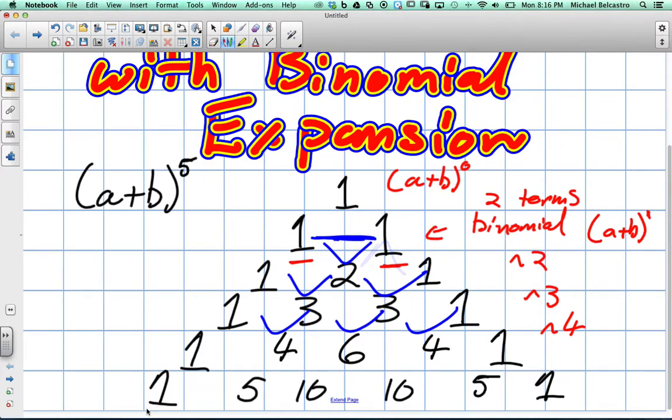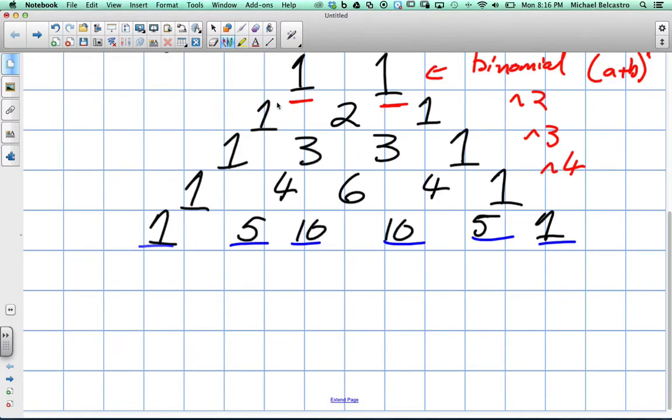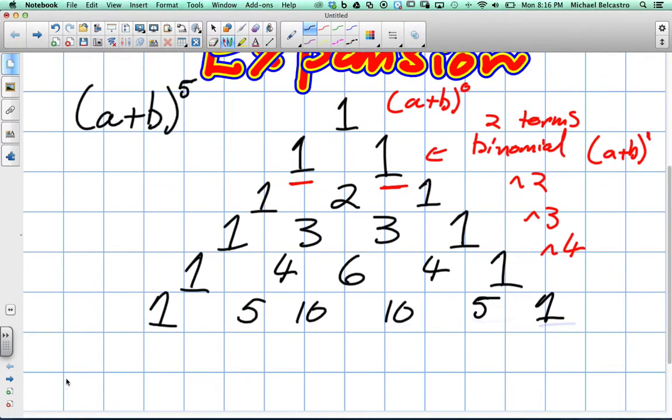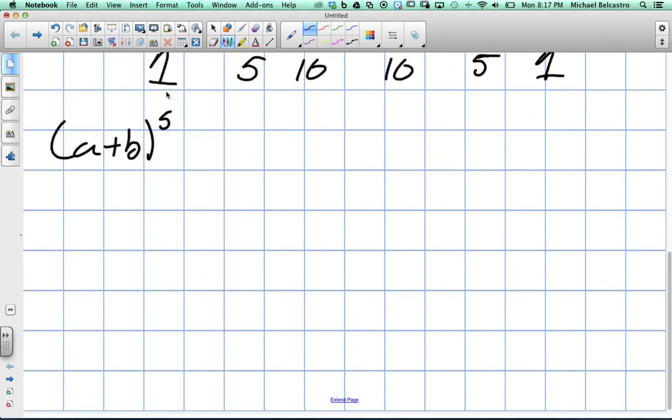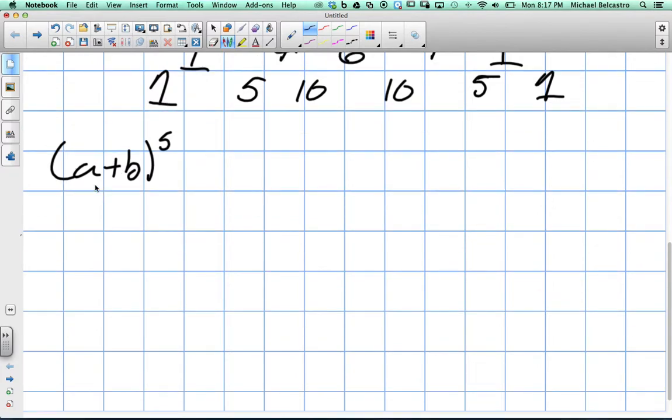Okay, so these are going to be our coefficients as we go to build it. So if I was to actually expand this, we have our (a + b) to the power of 5. I just want to have it all on one side. We know that we're going to take the first term and put it to the power of 5.